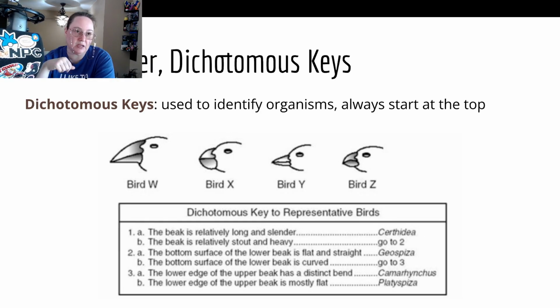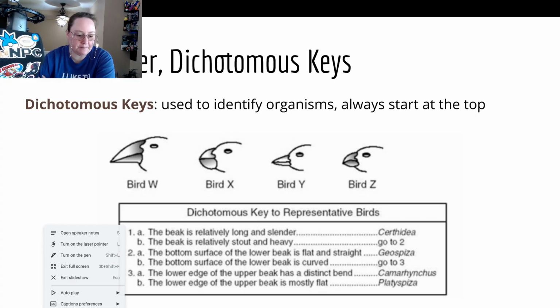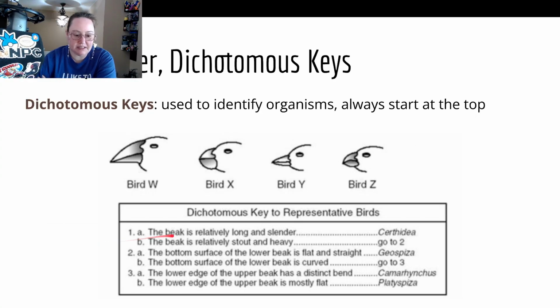But anyway, this is how you use a dichotomous key. I did add in that you should be doing some work on one of the dichotomous key videos from the Amoeba Sisters. Basically what's happening here is that you have 4 birds, and you can see they each have different beaks. They're the same family, but different species.